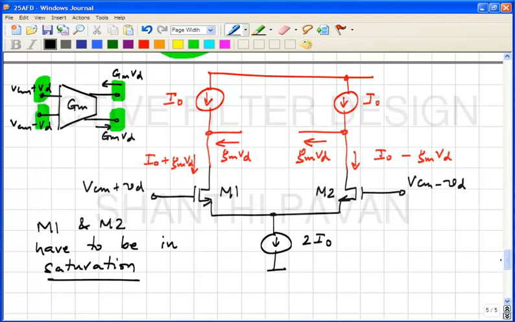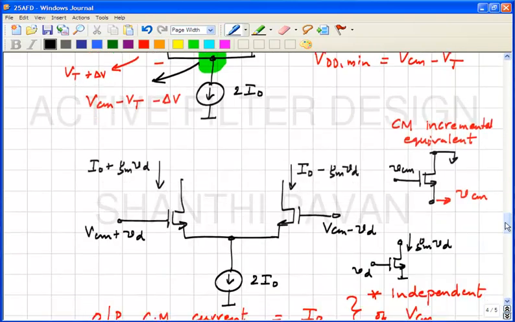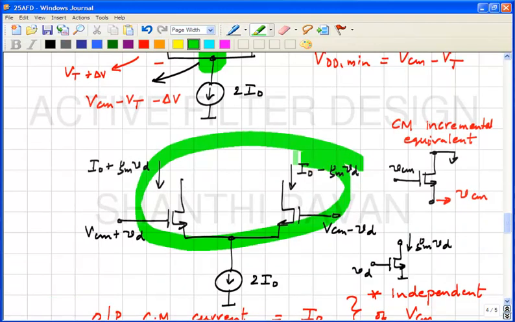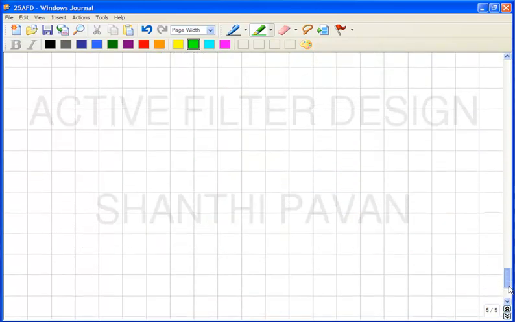Okay. Please note that I played a little bit of a devious trick on you. All along we have said, what did we say about the drains? We just assume that they are connected to a high enough voltage such that the transistors are in saturation. Now suddenly we said, oh, we don't want I naught, so we put current sources here.